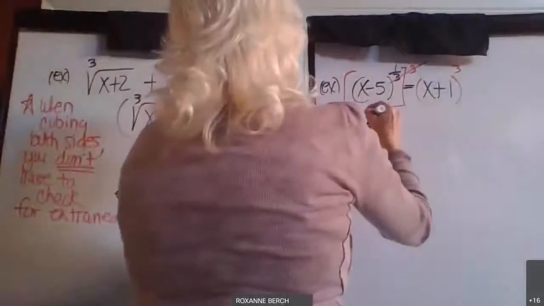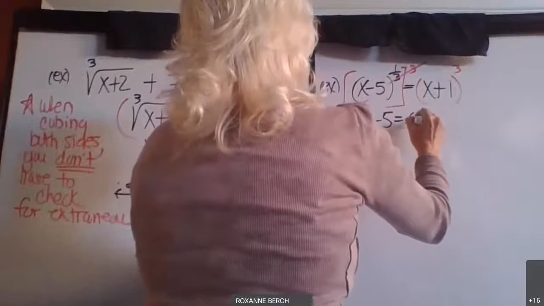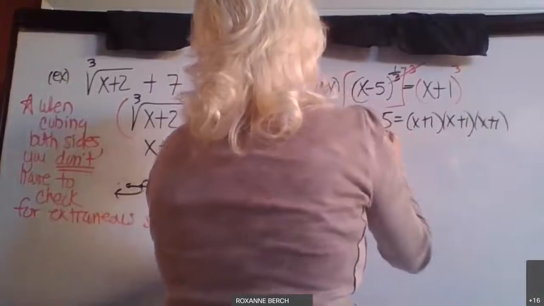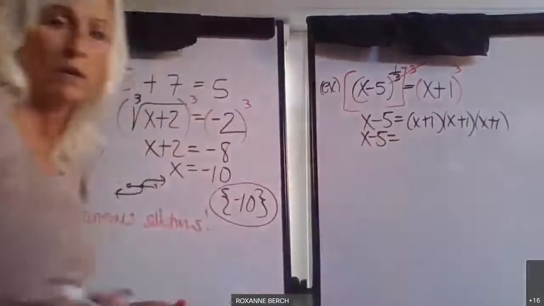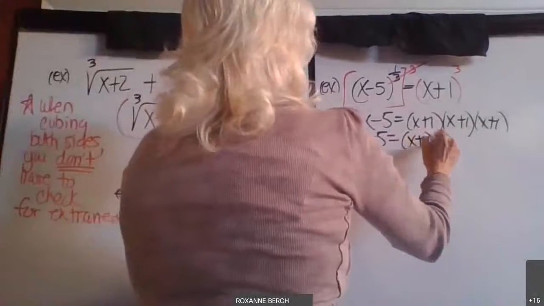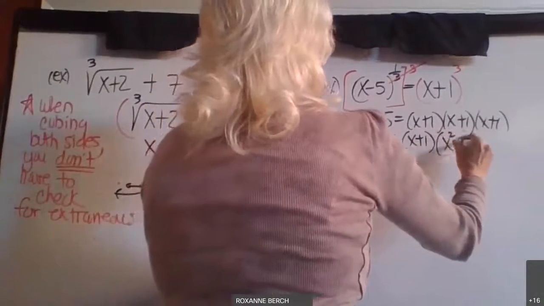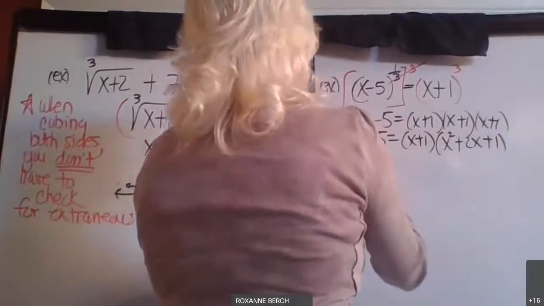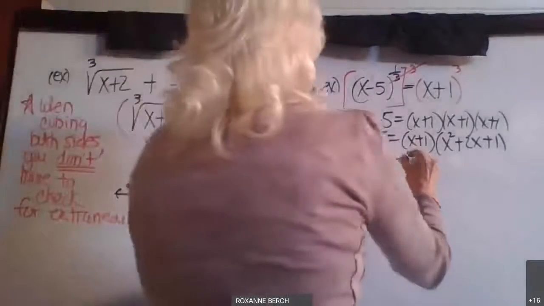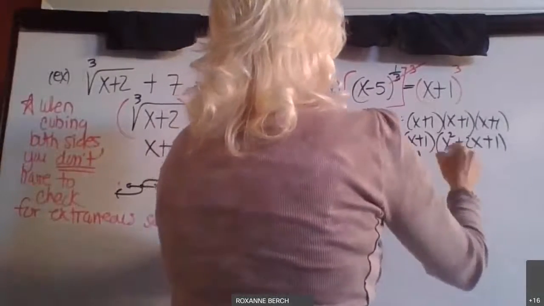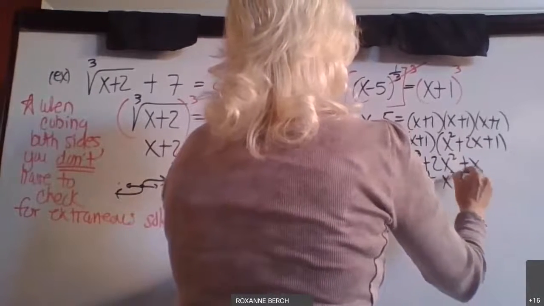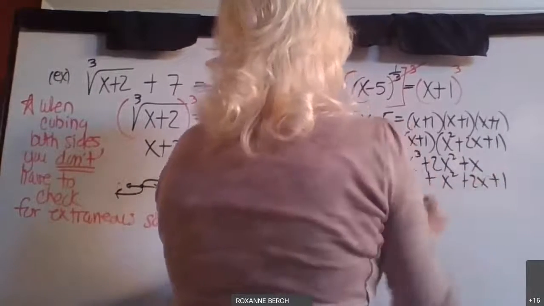So we have x minus 5 is equal to x plus 1 times x plus 1 times x plus 1, which is some work. So this would be x plus 1 times the FOIL, first, outer, inner, last, would be x squared plus 2x plus 1. Multiply it out, would be x cubed plus 2x squared plus x squared plus 2x plus 1.